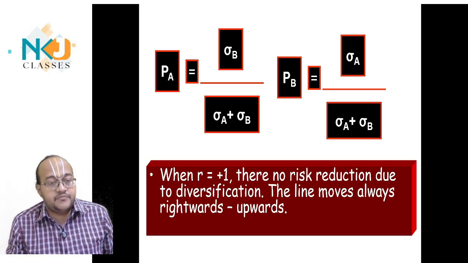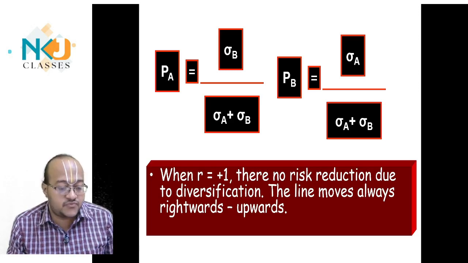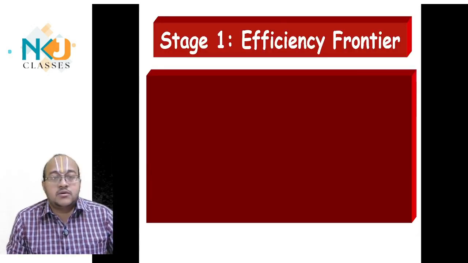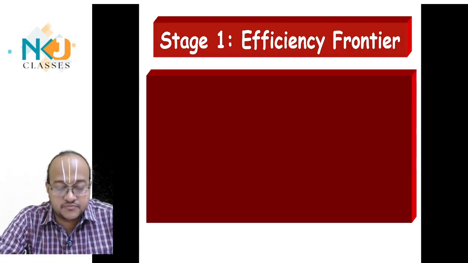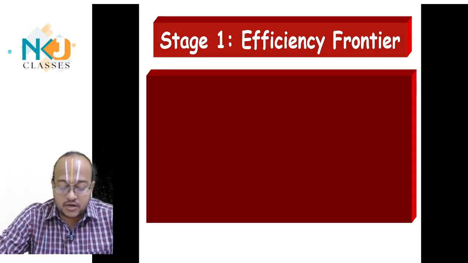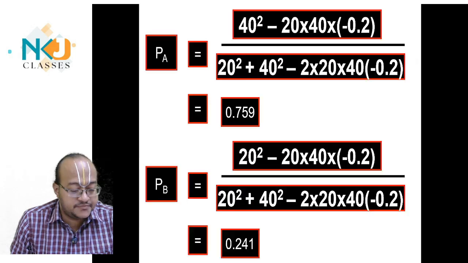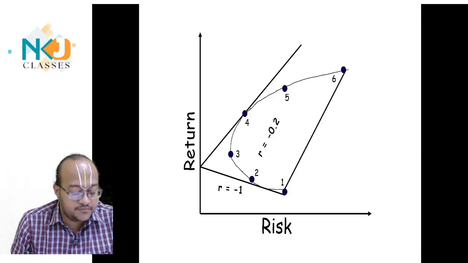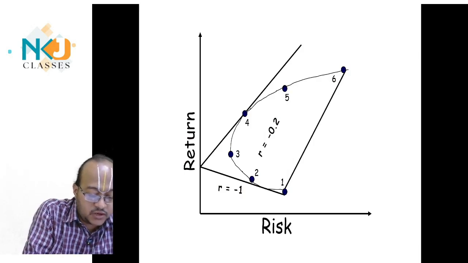Now we will move on to the efficiency frontier. See here, stage 1, efficiency frontier. We got a curve in the first stage, with a correlation of 0.2. There are portfolios 1, 2, 3, 4, 5, 6.